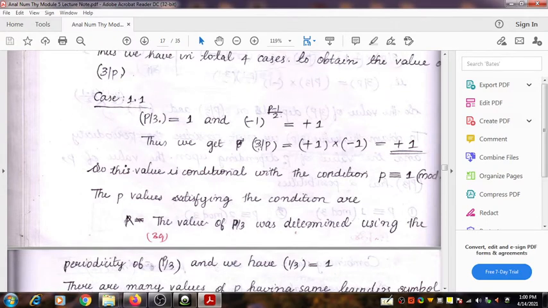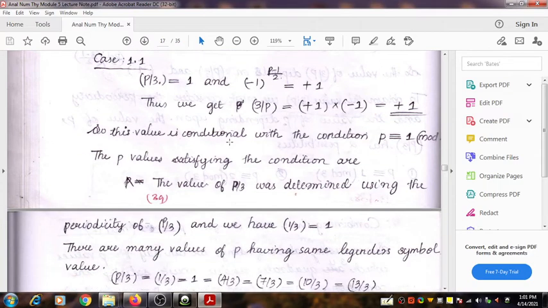In this case, we can say that 3 is a quadratic residue mod p. This value is obtained using the condition that p is congruent to 1 mod 4.